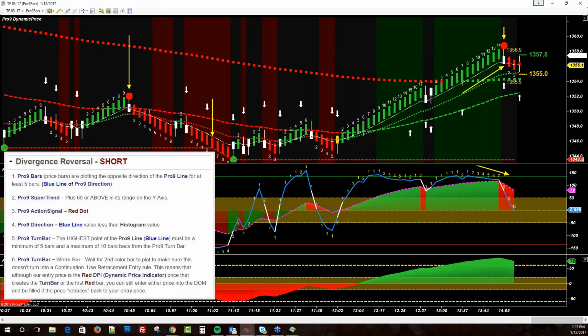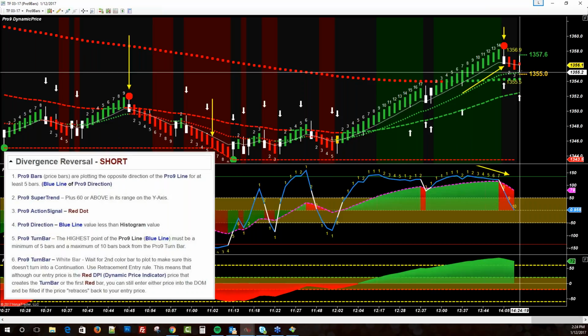What I like about the divergence reversal is that often before this bar even finishes closing, we'll hit our profit target. Since we're looking for an 8-tick profit target, which would be at the close of bar 3, we could have hit our retracement entry and then come back down and hit our profit target before this bar even closes. Now our runner may get stopped out, but we still did grab 16 total ticks for that trade.